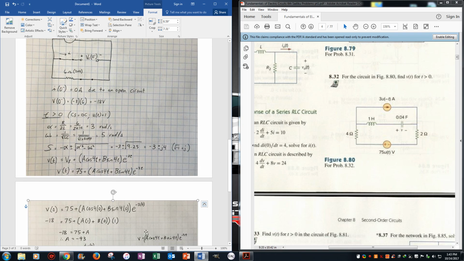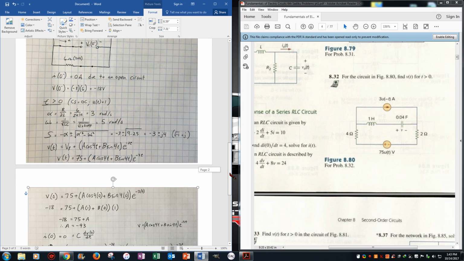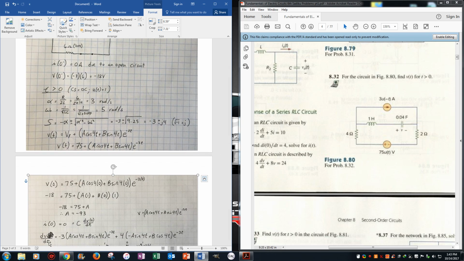Our v, of course, is A cosine 4t plus B sine 4t, times e to the negative 3t. i of 0 is just 0. So now we do the derivative of this. First we do it with respect to the outer, e to the negative 3t.